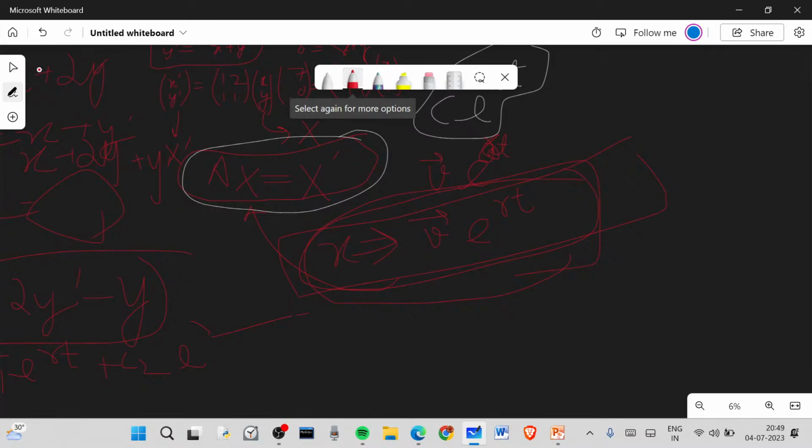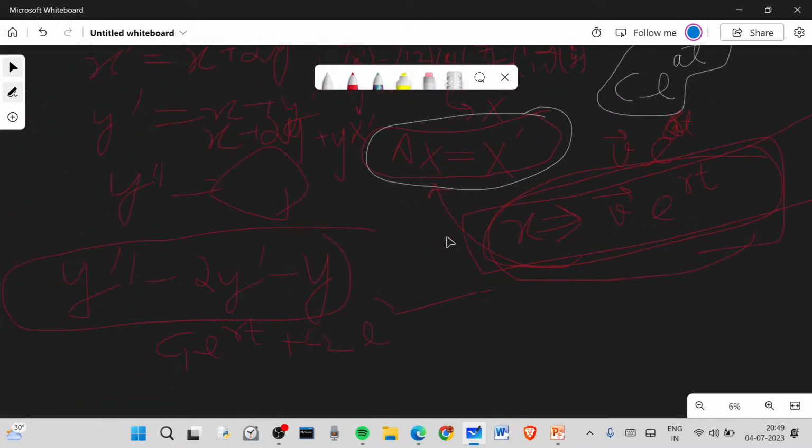So basically the biggest accomplishment of ours is that we have converted a second order differential equation to a first order differential equation. However, it's of matrix form, but at least it's of first order, and this is of second order.